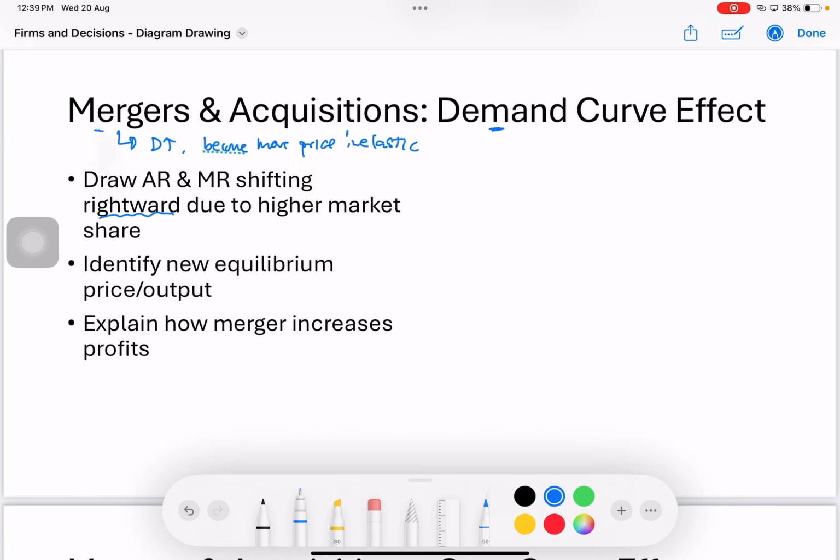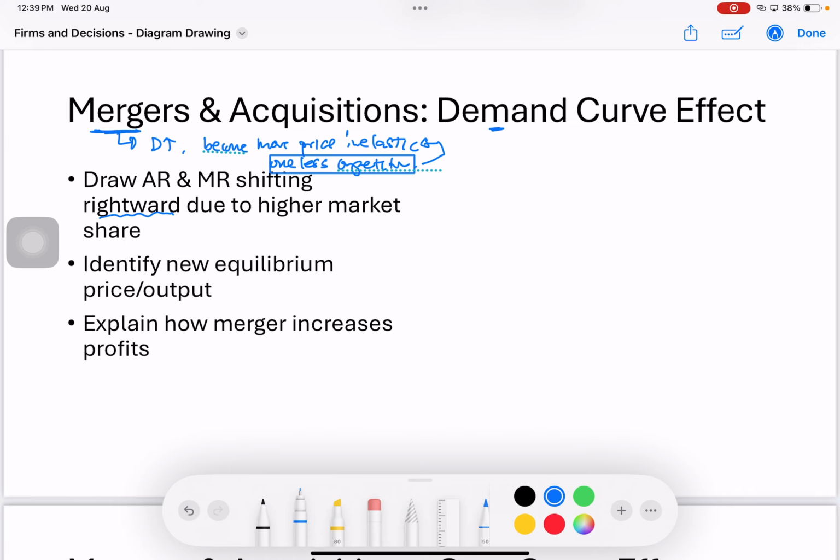Reason is because if you have a merger, you actually have one less competitor. That's the reason why your demand becomes more price inelastic. Agree? This is something that we have gone through just now.